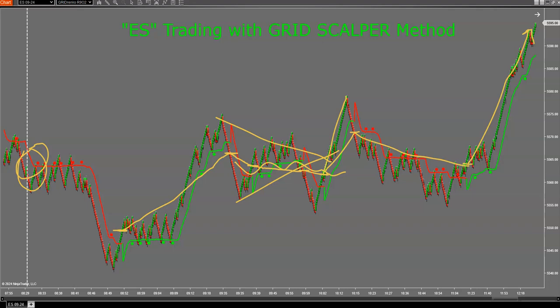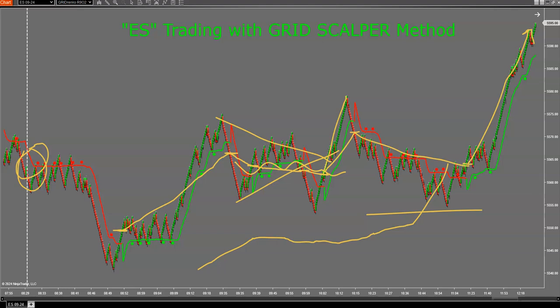So the net effect of all these trades is my equity curve initially went up, then it went like this, then it went up a little bit more on this short trade, and then it went up like this on this last trade. So whatever your profit objective was on the day, you should have had no problem hitting it.